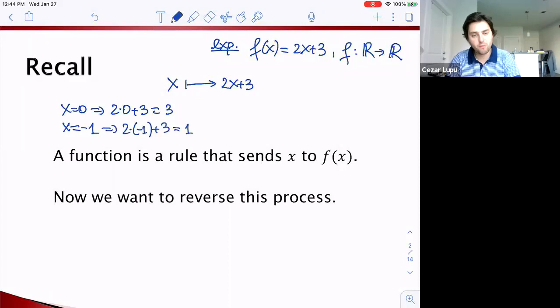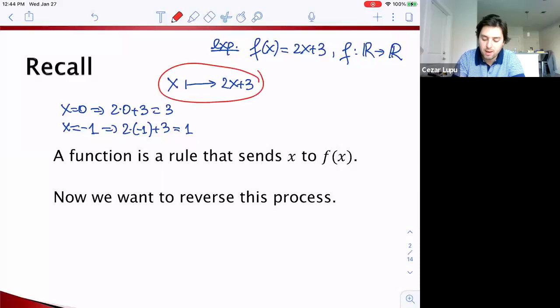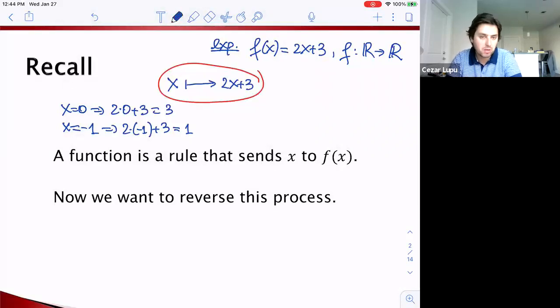So the number -1 is sent to 1. So you have this kind of correspondence, given by this expression here. That's what we mean when we say that a function is a rule, because it's a rule that sends x to f of x.